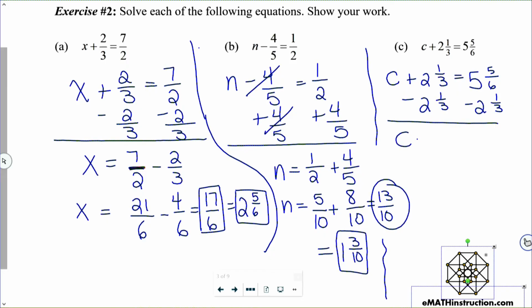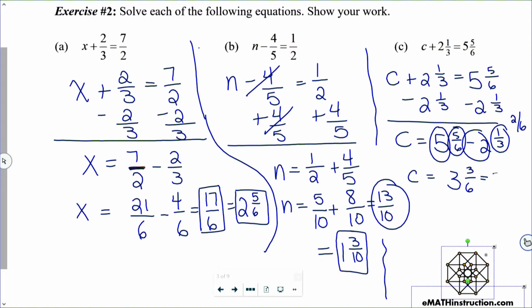So c is equal to 5 and 5/6 minus 2 and 1/3. You can actually do this subtraction in many different ways. One way I like doing it is just thinking to myself, well, 5 minus 2 is 3, and 5/6 minus 1/3, 1/3 is 2/6, so 5/6 minus 2/6 is 3/6. So my answer here is 3 and 1/2.